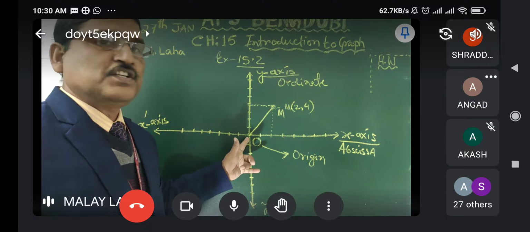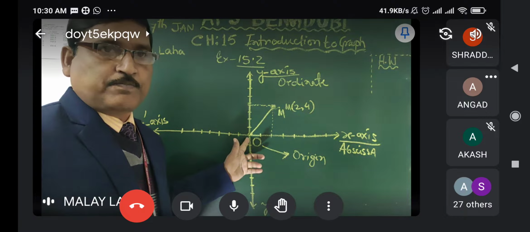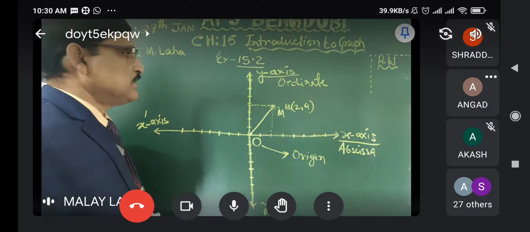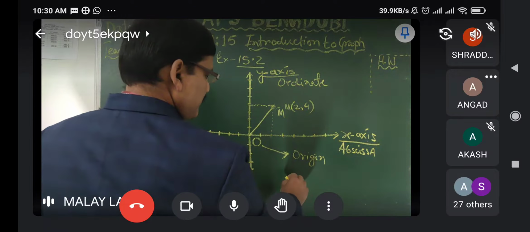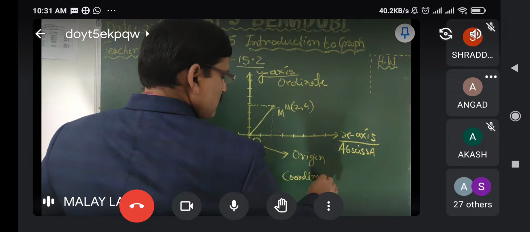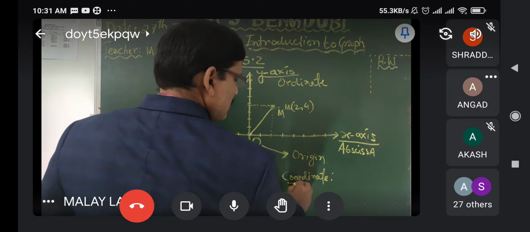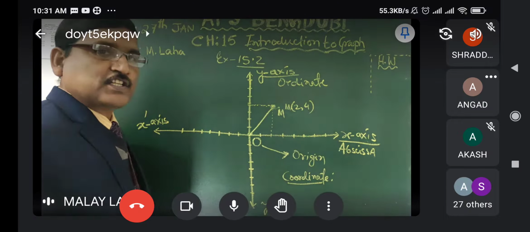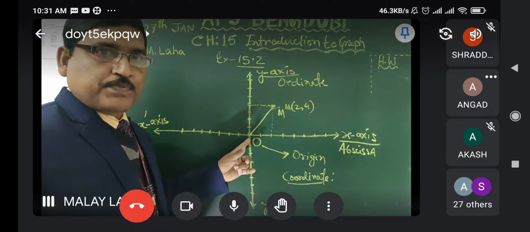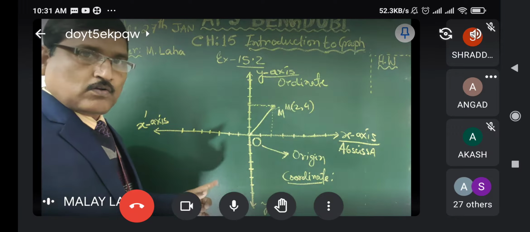Write down. Coordinate is the distance of any point from the origin of the Cartesian plane.